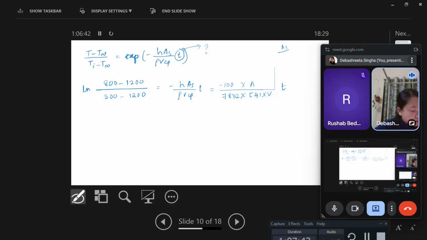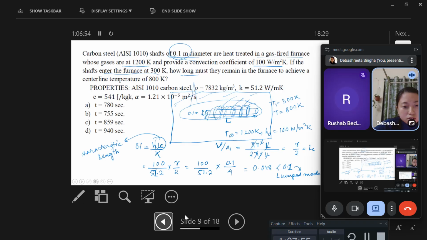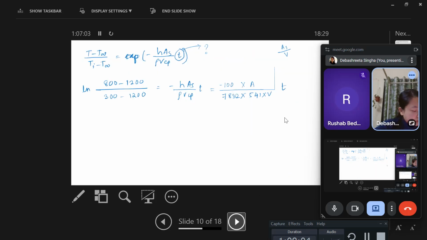Now As by V, it is again the same. A means the surface area. While calculating Lc also we have done the same thing, V divided by As, so it's the opposite. So As divided by V should become 2 by r. Or you can also write it as 4 by D, because D is given. Anyways, you can calculate r also.